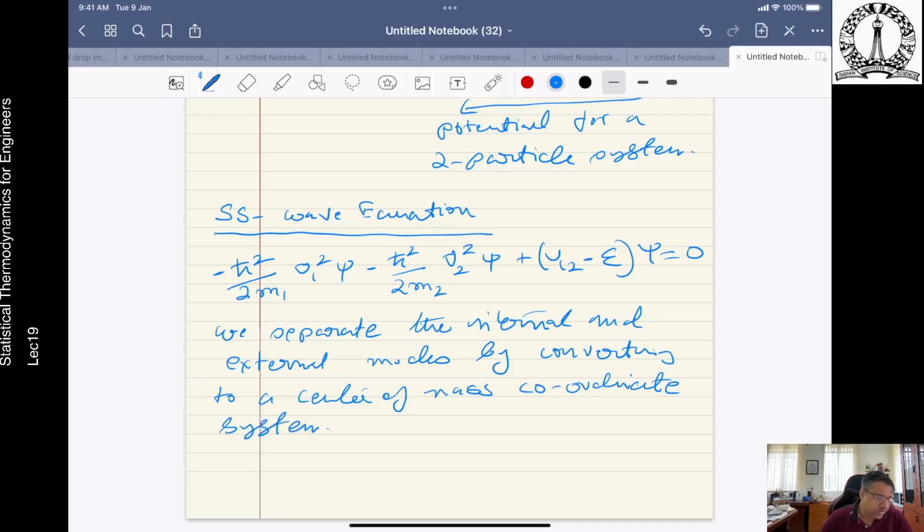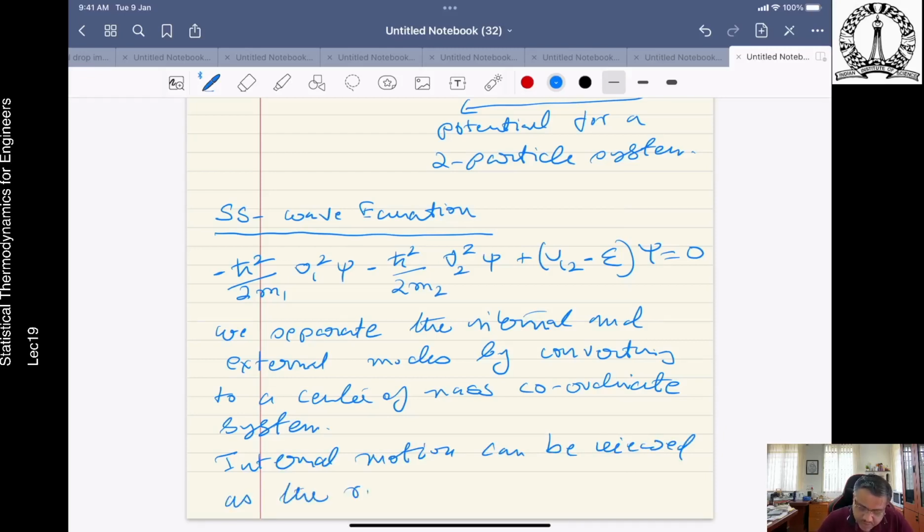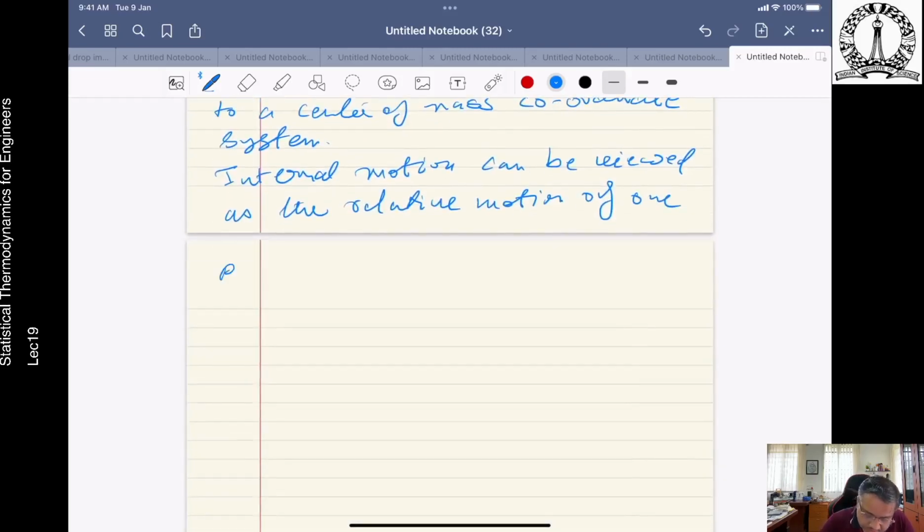Okay, so the internal motion, once you do this, can be viewed as a relative motion of one particle with respect to another particle.